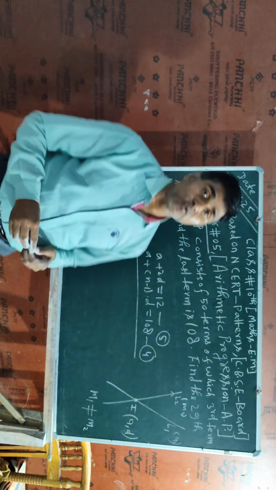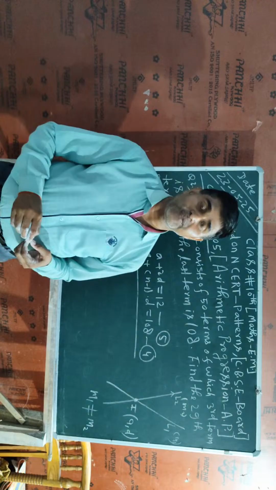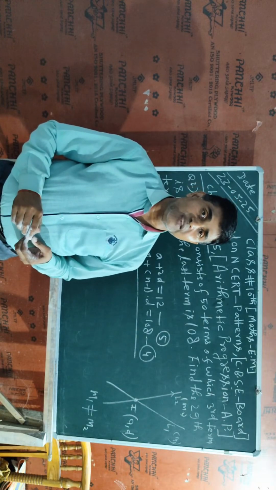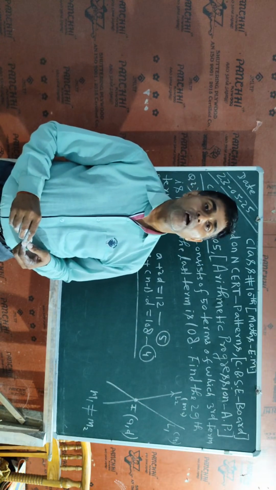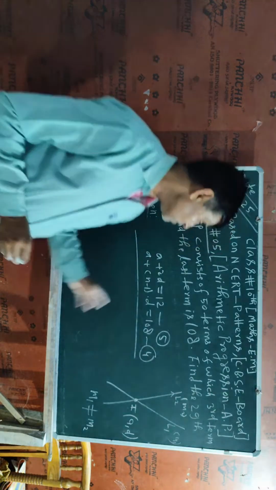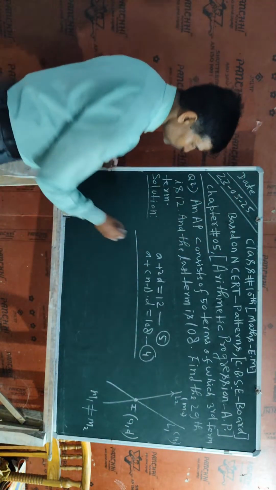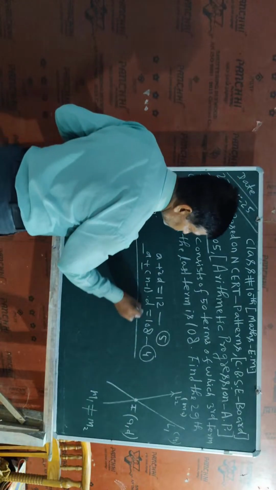So there are two methods to calculate the value of a and d. One is the elimination method and the other is the substitution method. Here I can use any method, but I am going to use the elimination method to resolve it.